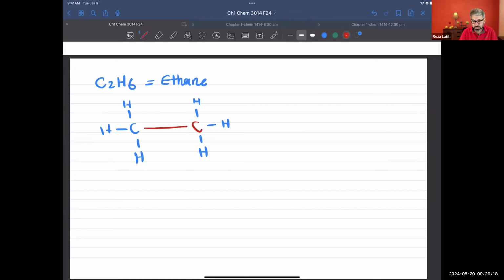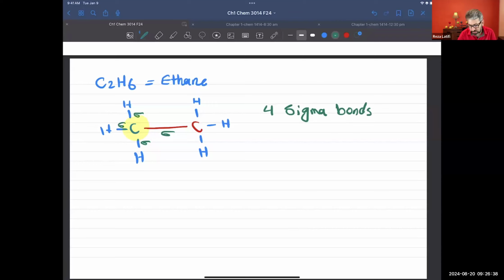So if I label the bonds, I'm going to say we have 3 sigma bonds with hydrogen and 1 sigma bond with carbon.